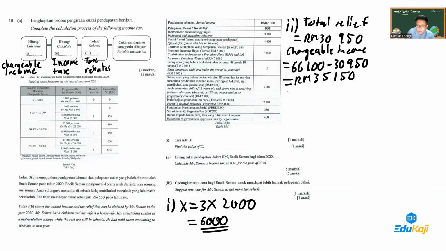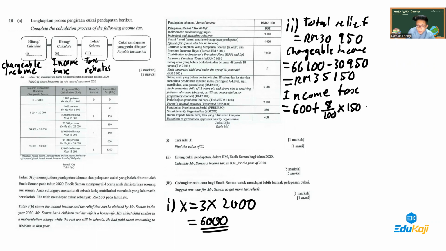So the income tax will basically be 600 for the first 35,000, plus the rest of it at an 8% rate, 8% of 150 ringgit.